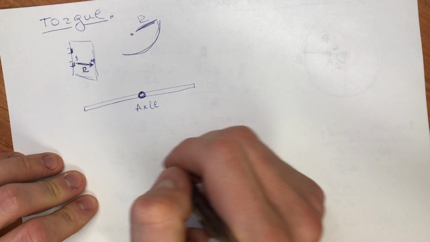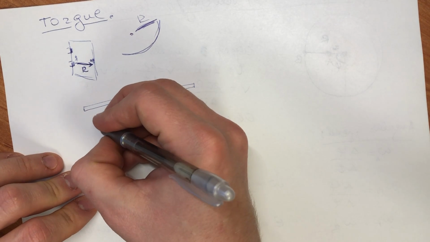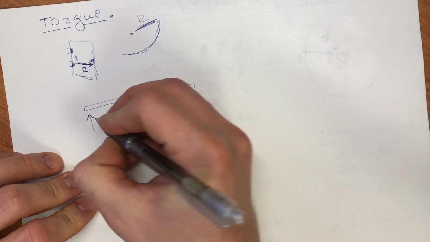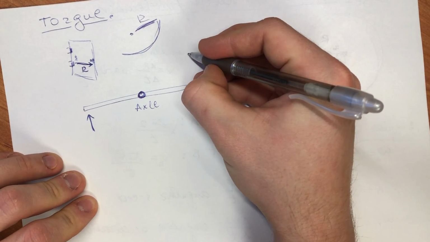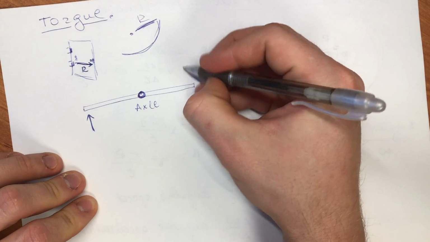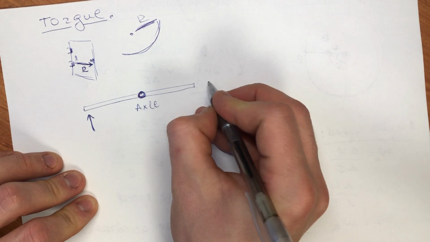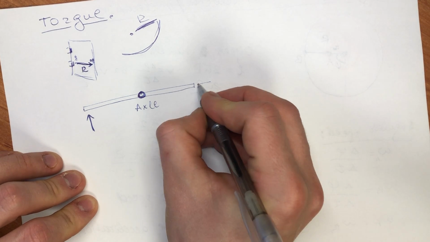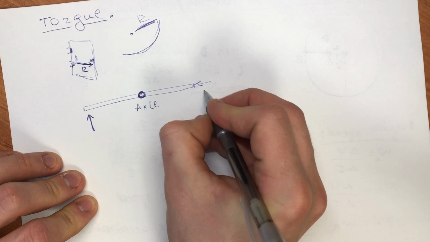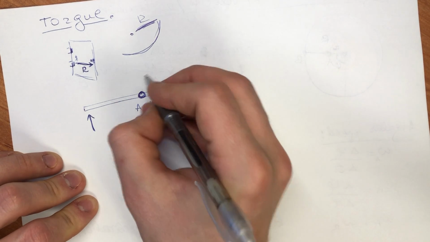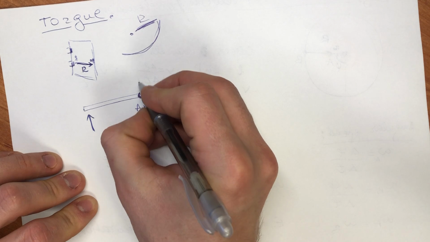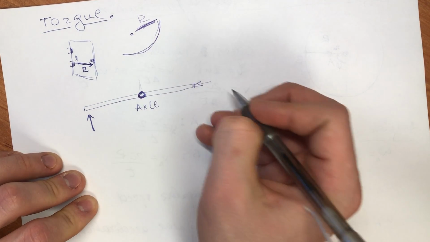It can turn. So if you apply force here, you know that if you act somewhere here on the force, or here somewhere, this force doesn't produce rotation. If you apply force to this direction, it doesn't produce rotation. If you apply force to the axle, it doesn't produce rotation.